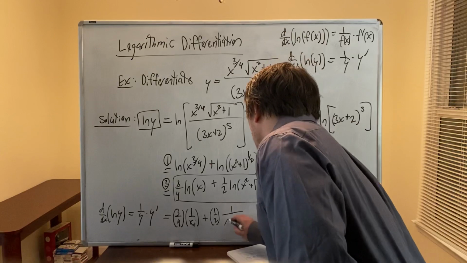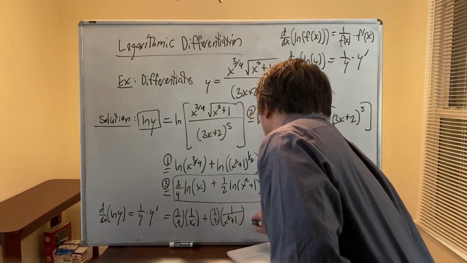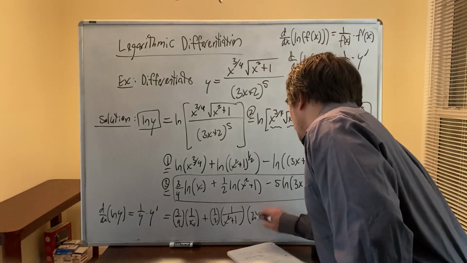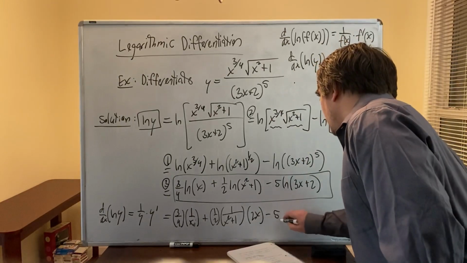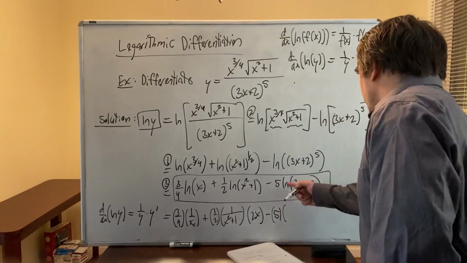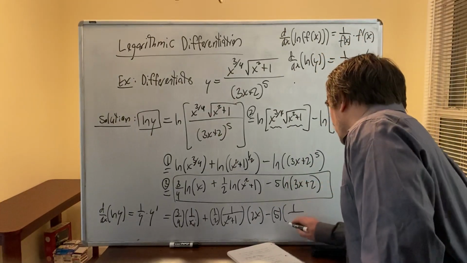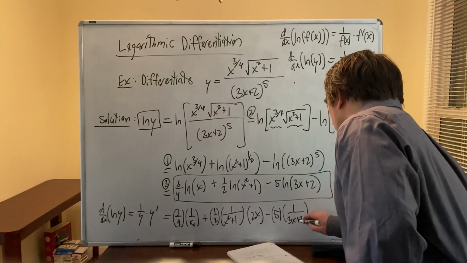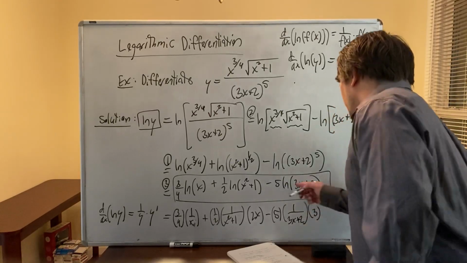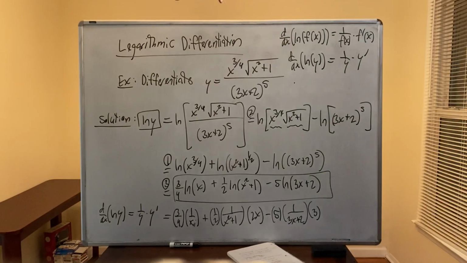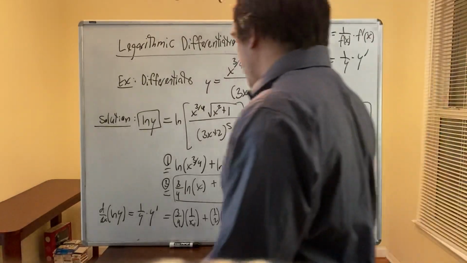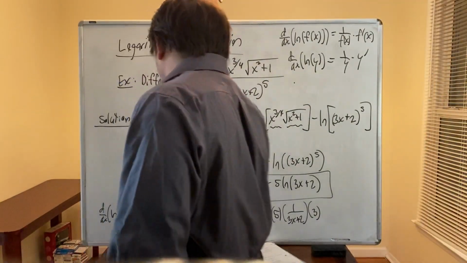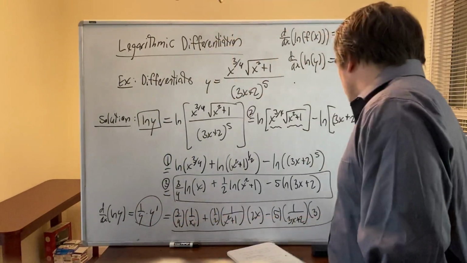That's 1 over x squared plus 1 times the derivative of x squared plus 1, which is 2x, minus 5 times the derivative of ln of 3x plus 2, which is 1 over 3x plus 2, times the derivative of 3x plus 2, which is 3. And so what I found was that 1 over y times y prime is equal to that.